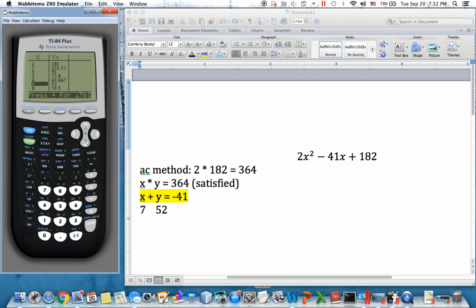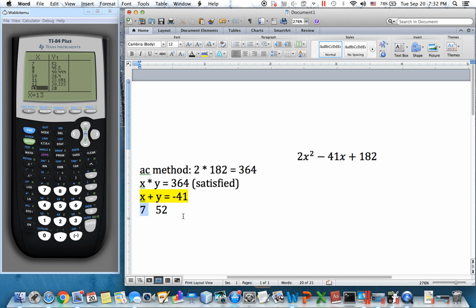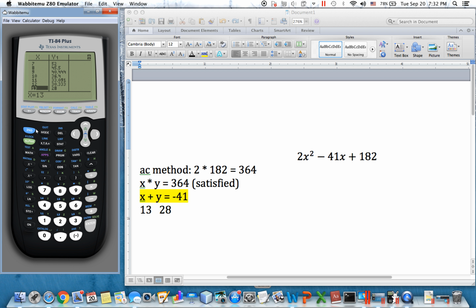Now we don't have to worry about the 8 because it is not a whole number. Go down, go down, go down until you find a whole number, like 13 and 28. Yes, remember 13 and 28. Now I just go out and check it.